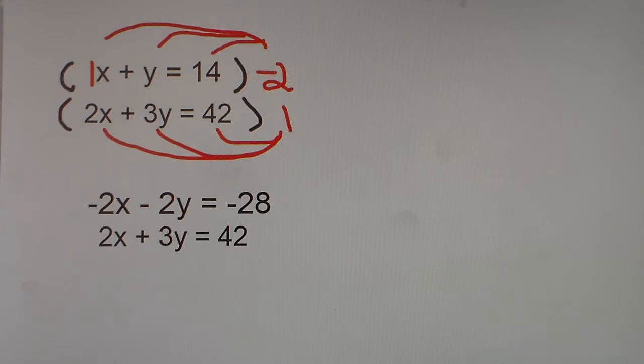Next step, negative 2x and 2x cancel out. And then negative 2y plus 3y is going to get you 1y. And it's equal to negative 28 plus 42, which is 14.